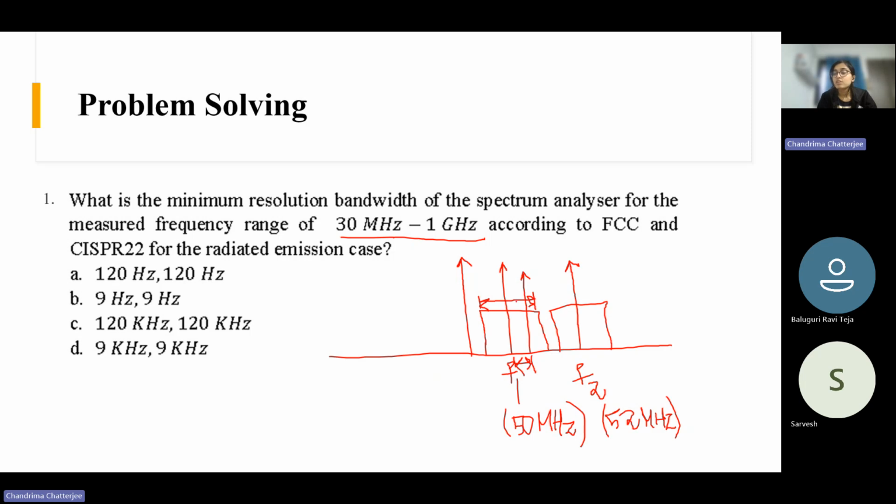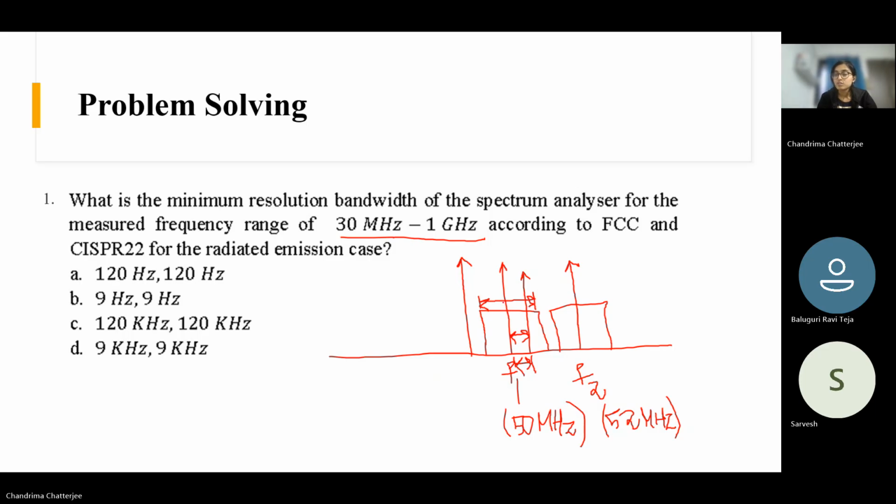Okay, so we will not be able to distinguish between these two peaks, because your resolution is 1 kilohertz and the difference between these two frequency components is less than 1 kilohertz, so it will consider them as one. It will not be able to differentiate between these two. So you will also not get to know that there are two different peaks over here.